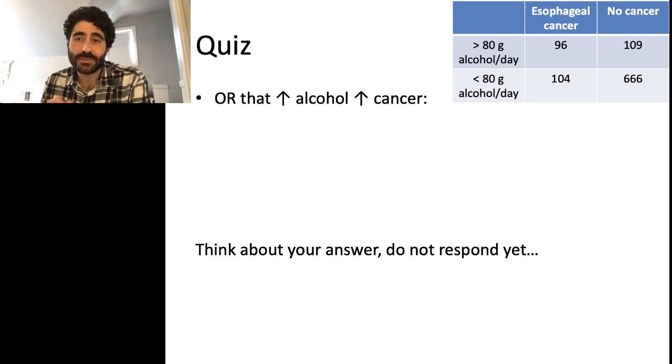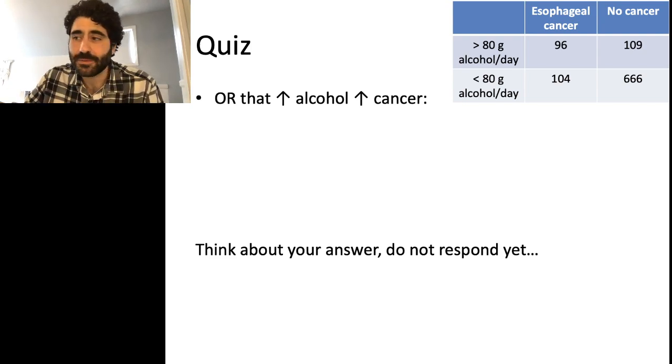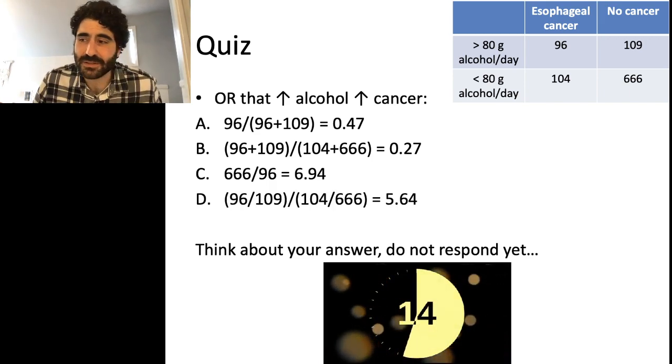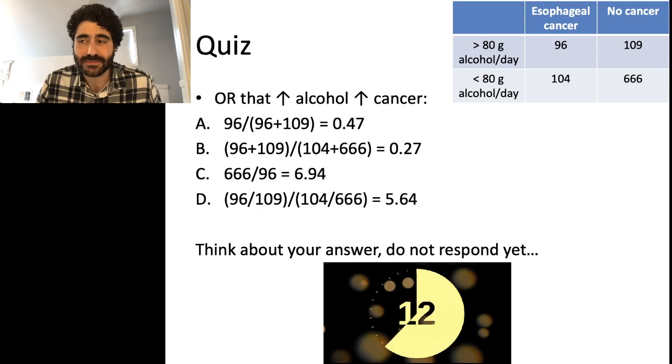Within each of the groups, we're going to compute an odds ratio. So we're going to compute the cancer versus no cancer odds ratio in the heavy drinking group, and the cancer versus no cancer odds ratio in the light drinking group, and then we're going to compare those two ratios. So which of these four would give us the result that we want to get an odds ratio?